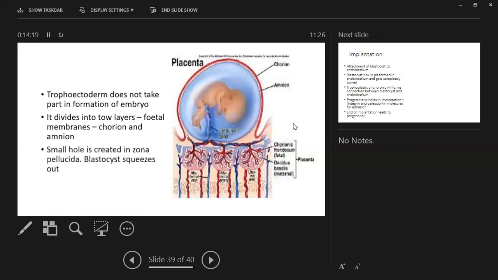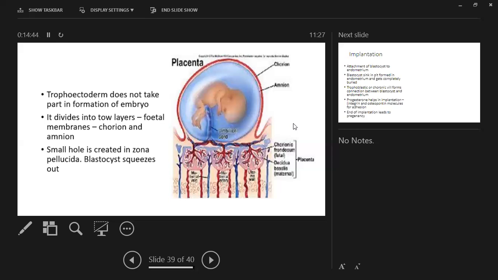A small hole is created in the zona pellucida. The blastocyst which is covered with zona pellucida will have a small hole, and it will come out of the zona pellucida. What is the blastocyst made up of? The outer trophoblast or trophoectoderm and the embryonal knob.